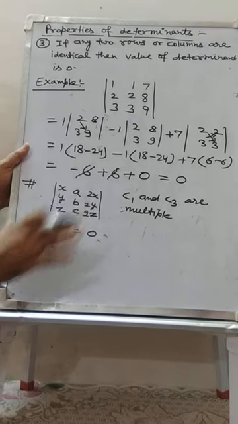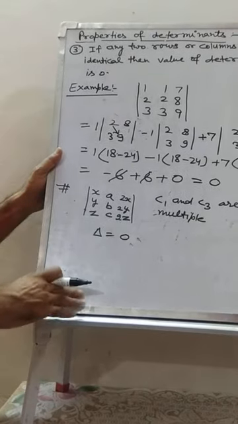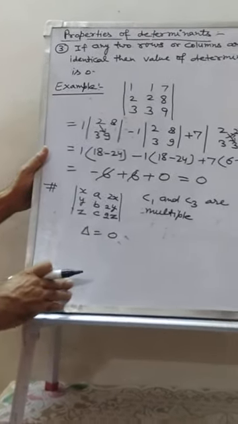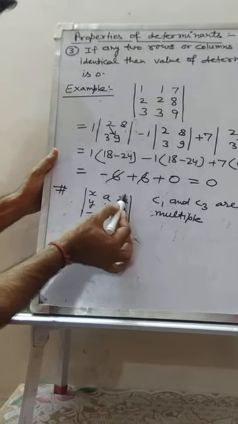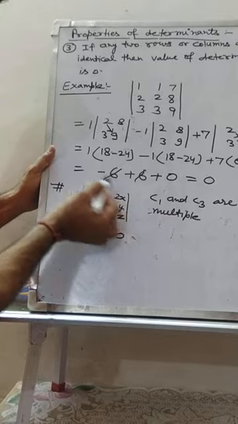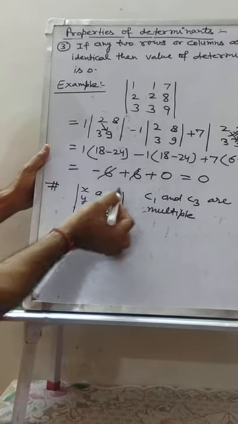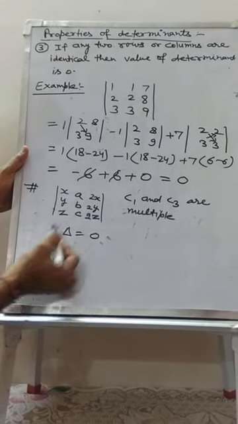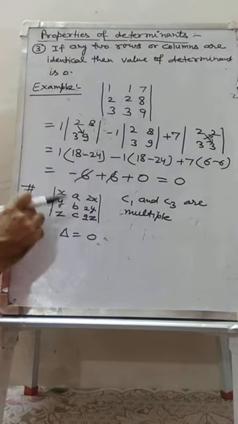I will take it up in a further property also. Till then, because 2 is common, it may come out, and this will become XYZ, XYZ, so C1 and C3 are identical, so the value of the determinant is 0. So this is a further case of it.